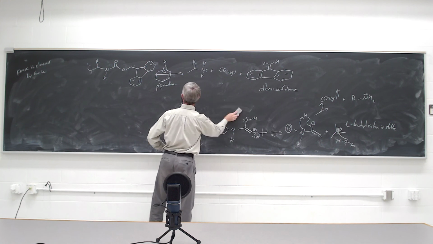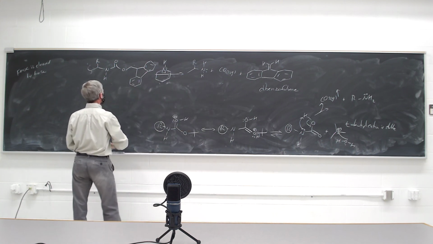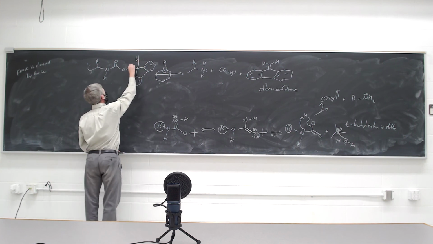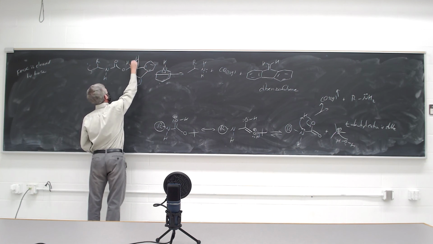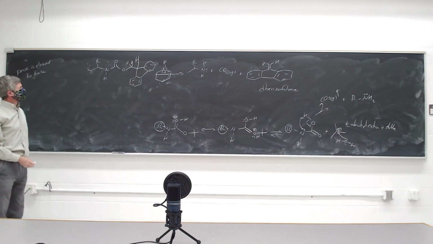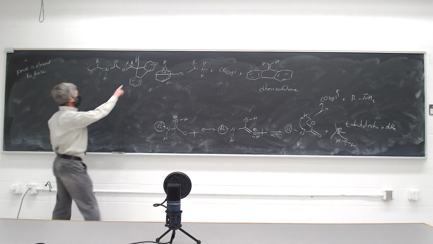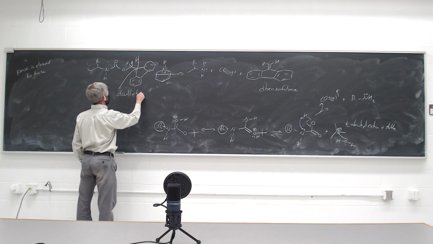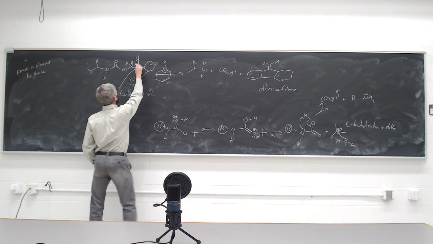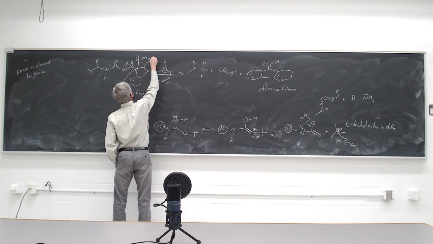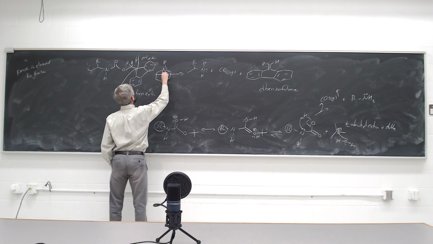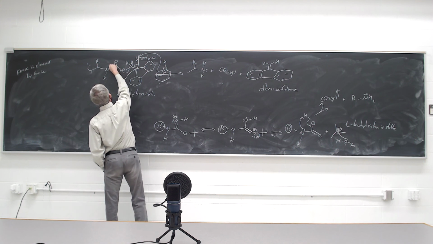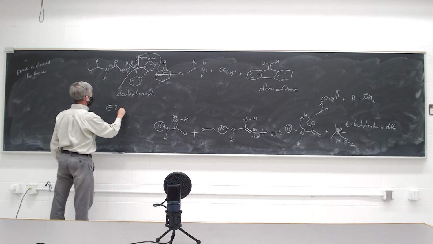What about Fmoc? What's the key to success for the Fmoc? The key to success for the Fmoc group is this is doubly benzylic, which means this is very acidic. Piperidine is going to grab that hydrogen and it's going to go into E2 elimination.